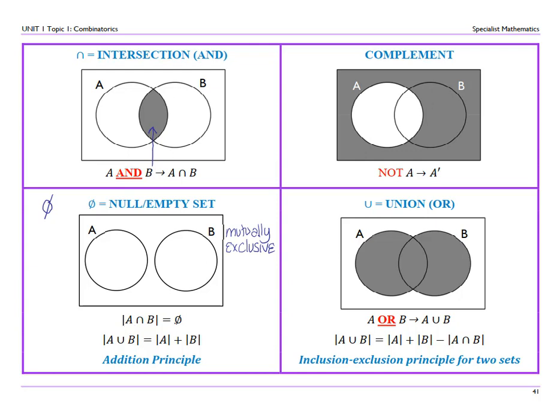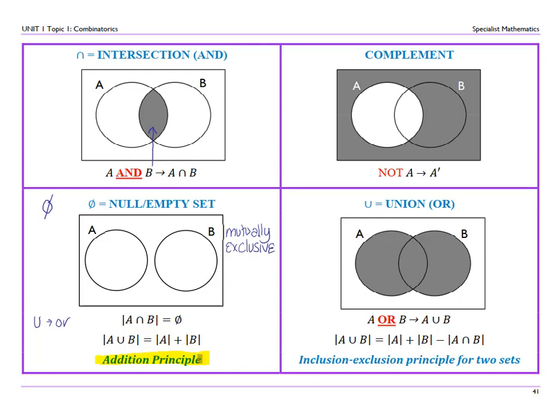There's nothing in it because there's no overlap. They're mutually exclusive events. If I wanted the number in A union B, remembering union is or, then it's the number in A plus the number in B. Now that's known as our addition principle.